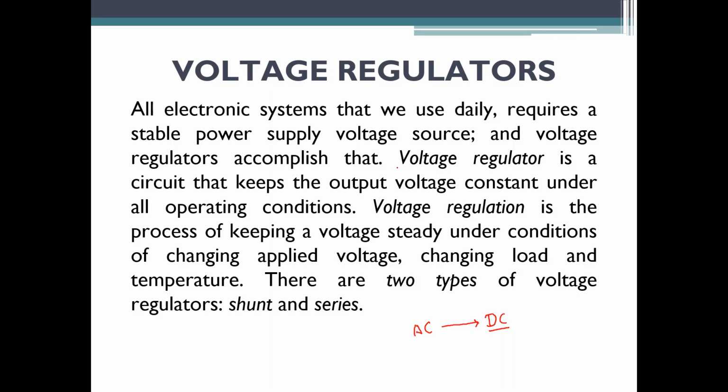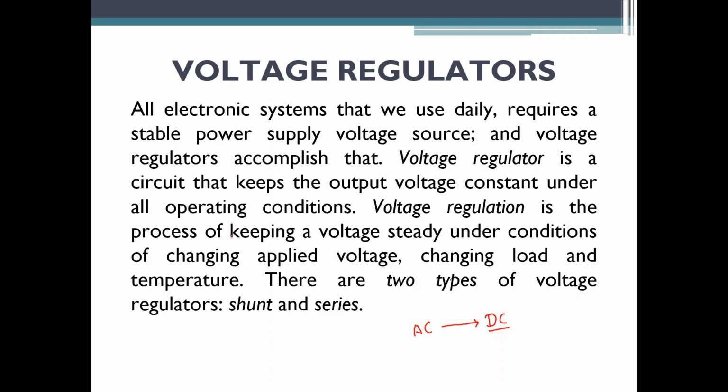A voltage regulator is a circuit that keeps the output voltage constant under all operating conditions. By operating conditions, it may be with respect to the temperature, with respect to the varying input, or with respect to the varying load. In spite of these various operating conditions, I expect the DC voltage source to give a constant output.